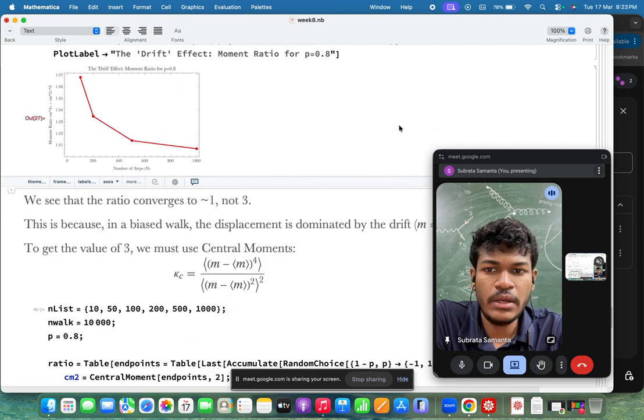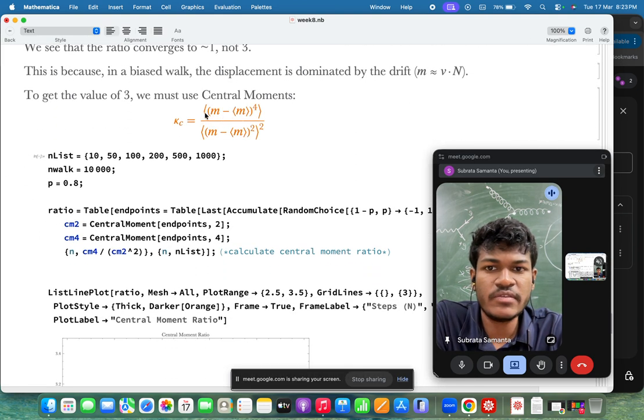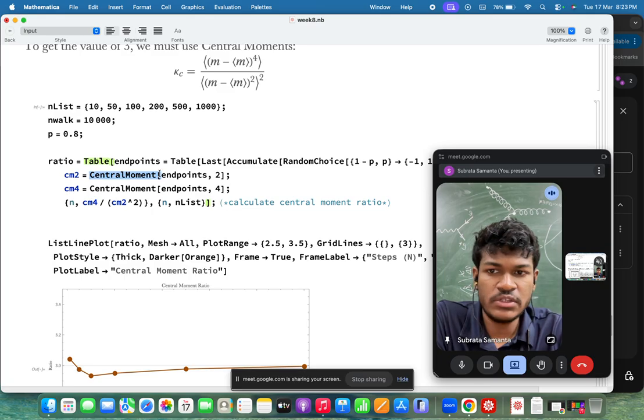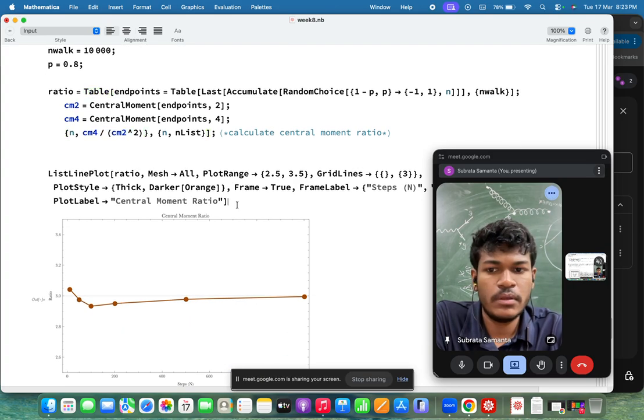So, if you subtract the m average from the m, and then calculate this, that is the central moment. Let us do this. The central moment is also defined in Mathematica. You just call the central moment, which subtracts the average from the end points, and then calculate m square and Cm4, calculate the ratio for the central moment, and plot.